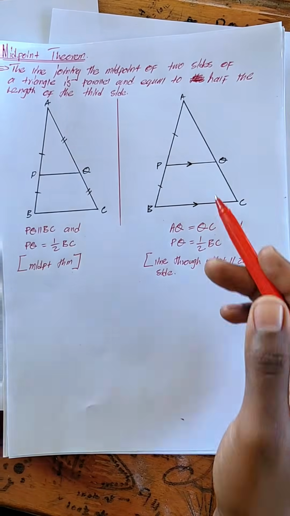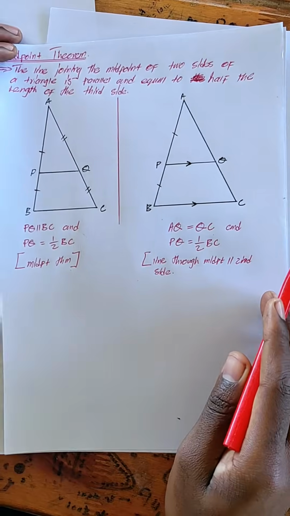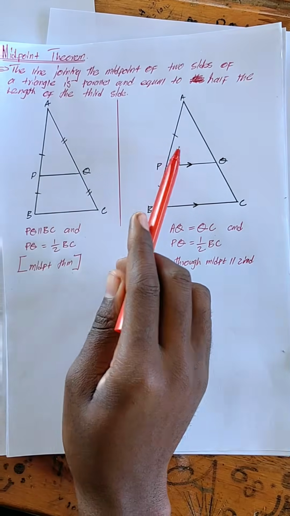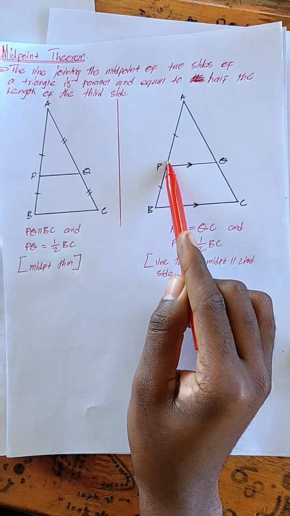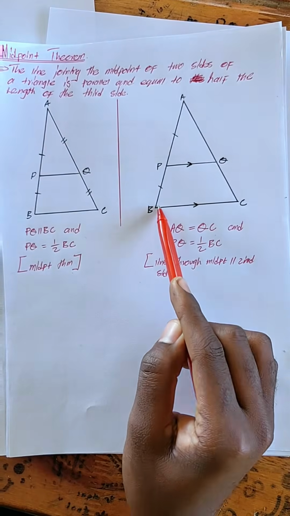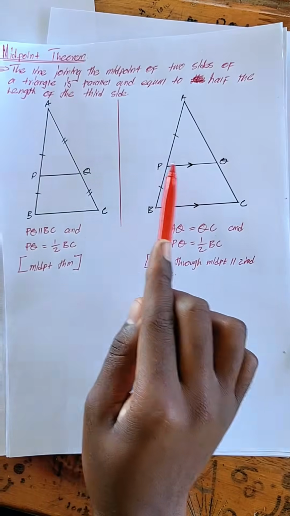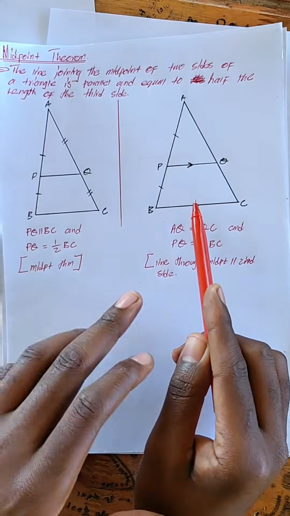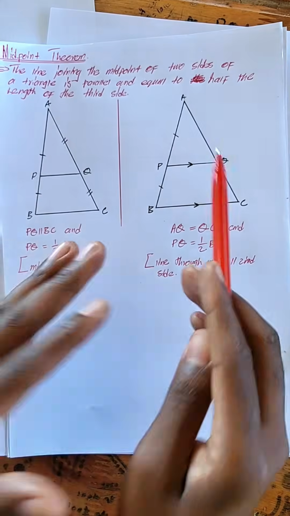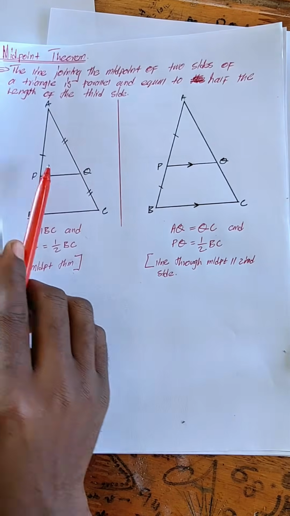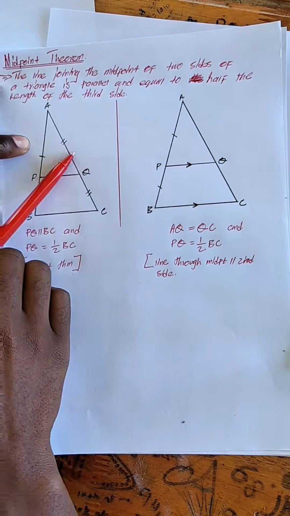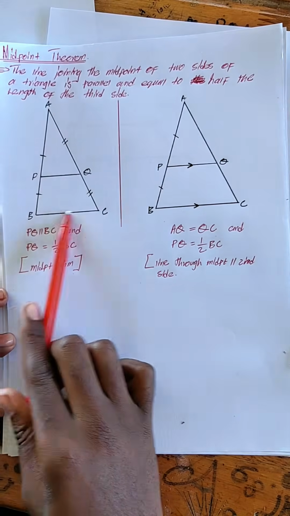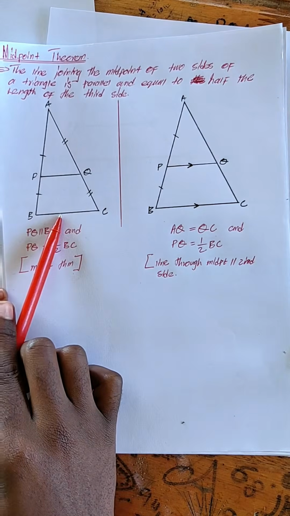Now, in the second case, you might encounter a triangle where you are given that AP equals PB and PQ is parallel to BC. This case is different from the first case, because in the first case it was given that this one equals this one and this one equals that one, and our conclusion was that this one is parallel to this one, and this one is half the length of this one.